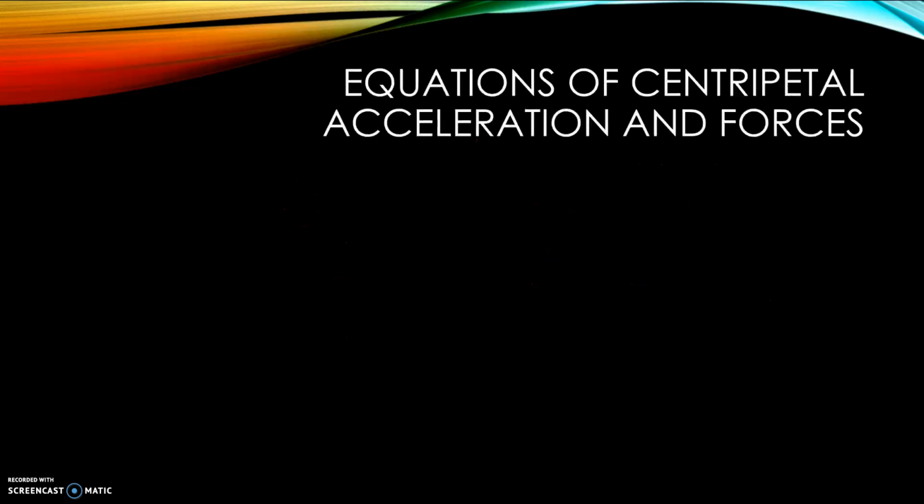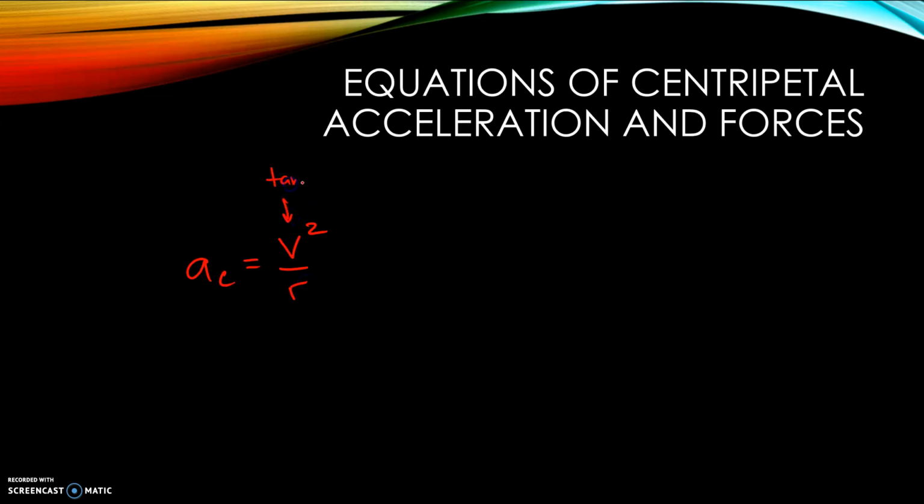So we have centripetal acceleration, we have centripetal force, and there are certain equations that we can use to calculate both of these. For centripetal acceleration, a sub c is equal to the velocity squared divided by the radius of the circle.